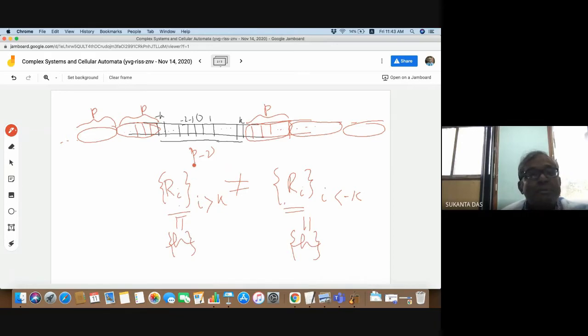What is the value of p that was mentioned? It can be 0, 1, 2, or any value, right? Now, if p is equal to 0, it means the next time this rule is again repeated, right? This set will become H, and this set will become this one. Then in this case they will be the same, and it will be d-NUCA.